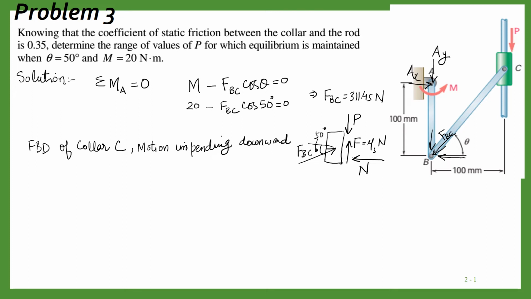So now we have all the forces that are acting on the collar. So for equilibrium, summation of Fx is equal to 0. That means FBC cos 50 degree minus N will be equal to 0. So from this we can get N. So the value of N comes out to be 200 Newton.